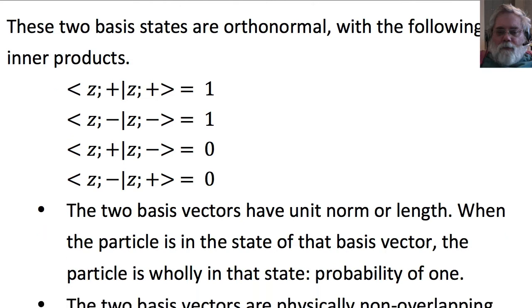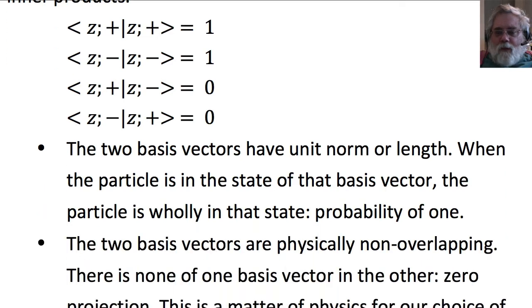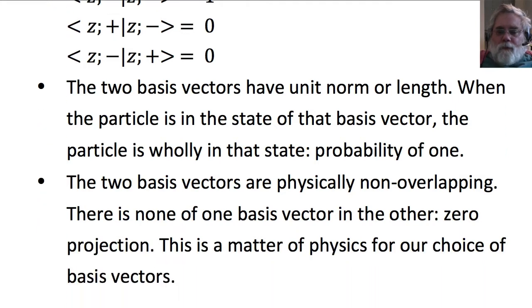When the particle is in the state of that basis vector, the particle is wholly in that state, probability of 1. The two basis vectors are physically non-overlapping. There is none of one basis vector in the other. They have zero projection, one to the other. This is a matter of physics for our choice of basis vectors for a spin 1/2 particle.